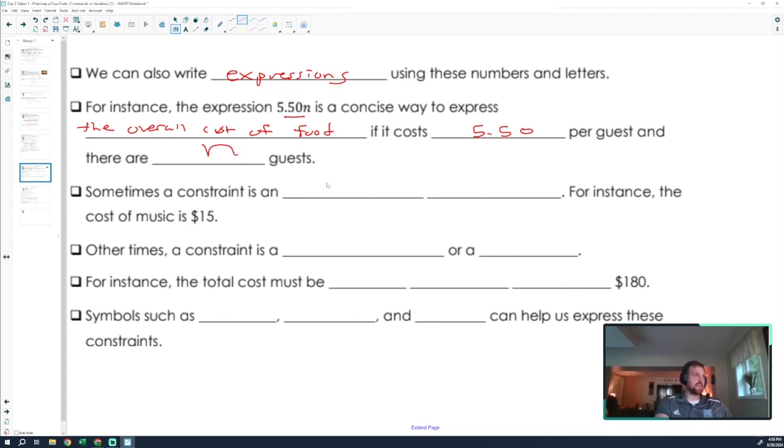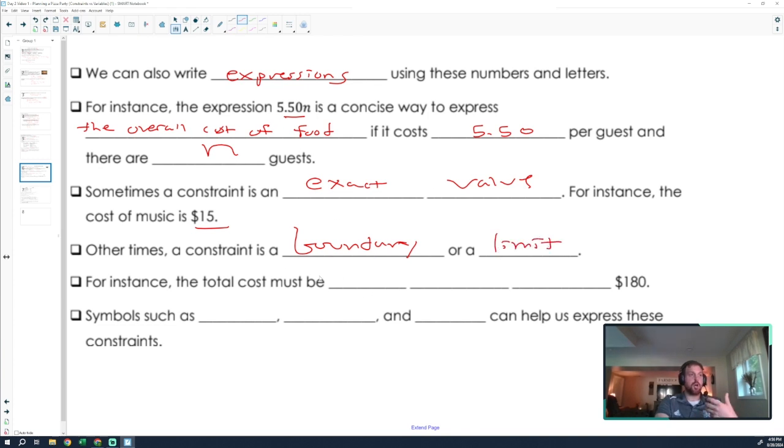Sometimes a constraint is an exact value. Like for instance, the cost of music, like in the chart in the previous slide, is $15. Other times, a constraint is like a boundary or a limit.